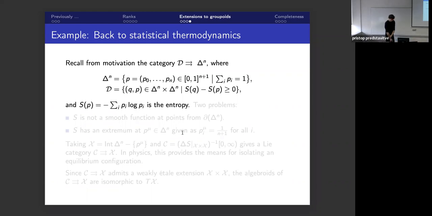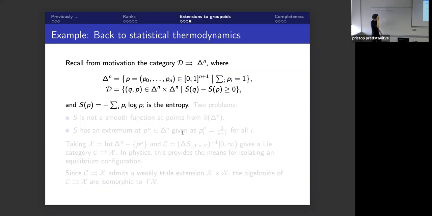So in this way we obtain categories. This is a toy example from physics, if you will. Any pair Q, P is identified with an arrow from P into Q, right?